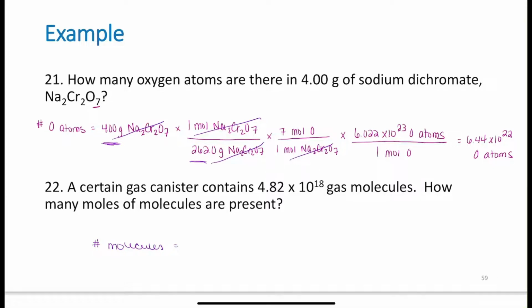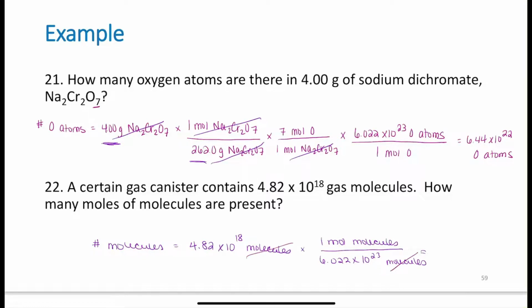So number of molecules is equal to 4.82 times 10 to the 18th molecules times 1 mole of molecules per 6.022 times 10 to the 23rd molecules.